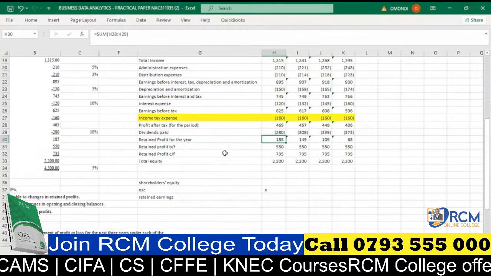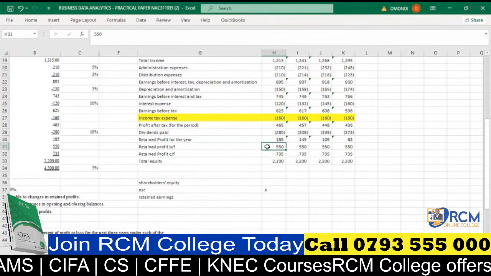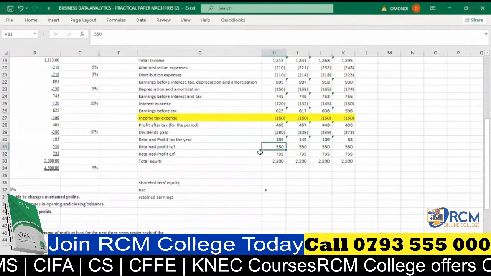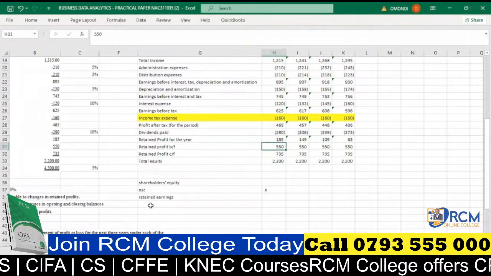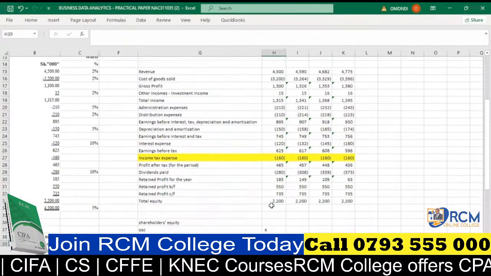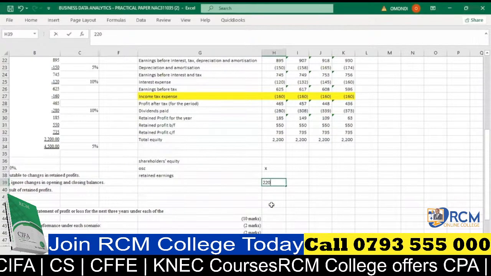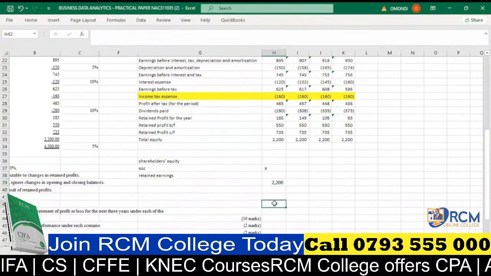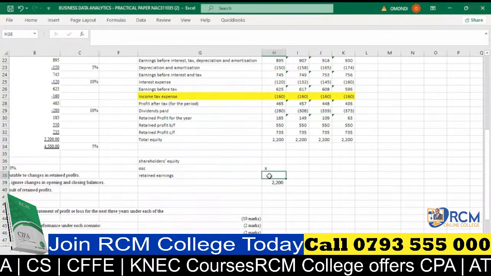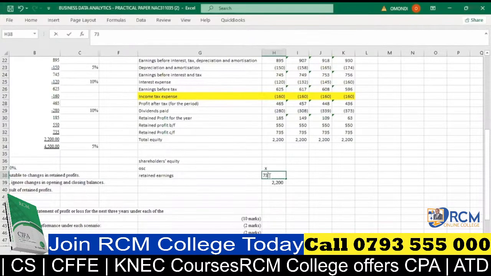This carried down is the retained earnings as at the beginning of the year or from the previous year. Then we add to the retained profit for the year in the current period. So we have been told that our total equity for the year 2022 is equivalent to 2,200. Then we have also been given that retained earnings for 2022 is equal to a total of 735.